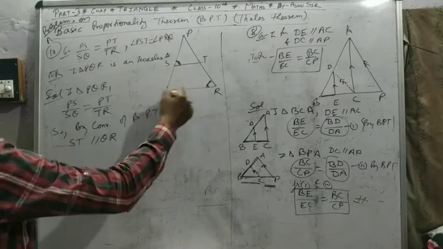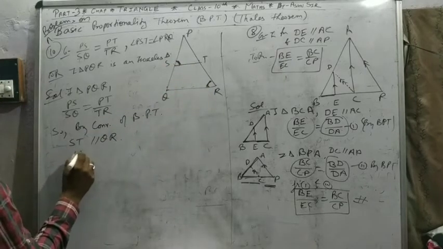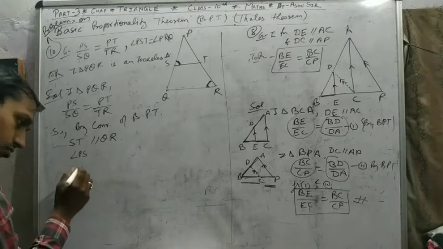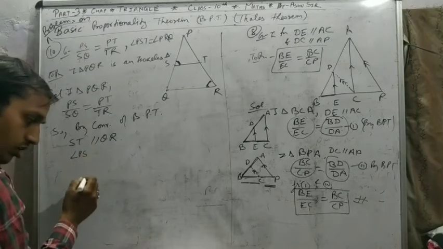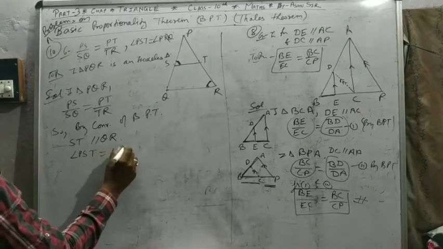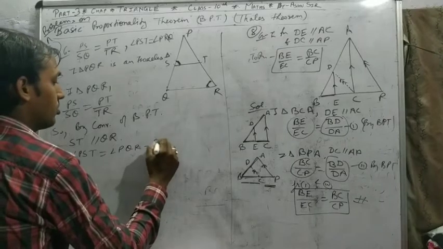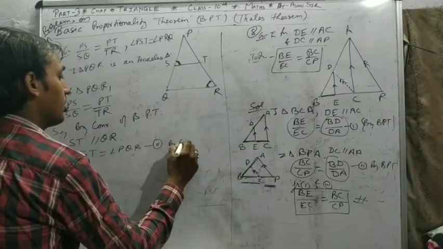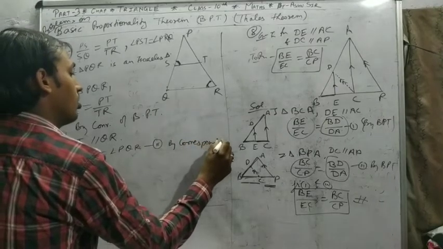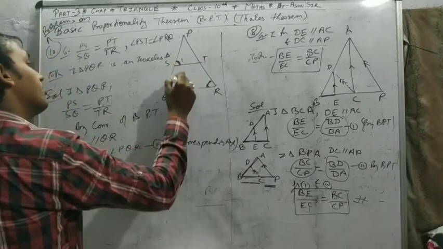And when ST is parallel to QR, angle PST is equal to angle PQR by corresponding angles. This angle equal to this angle.